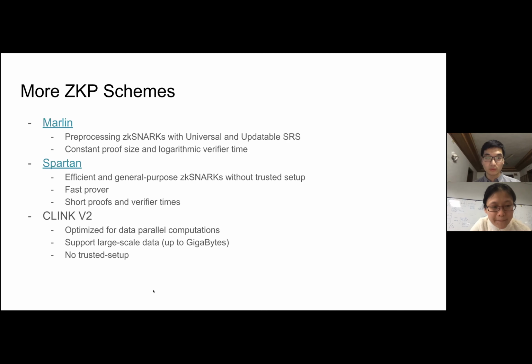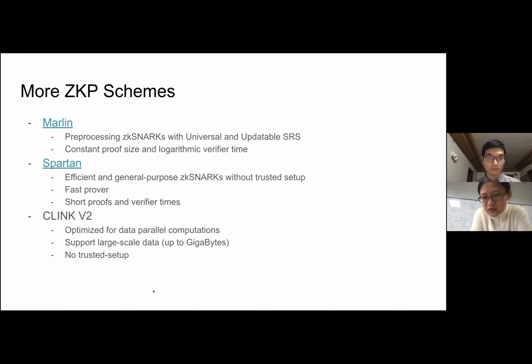And then we implemented Spartan. Spartan was not in our initial plan, but we wanted to include it in our ZKP repo because Spartan is very prover efficient.